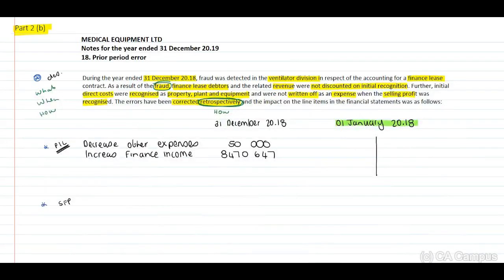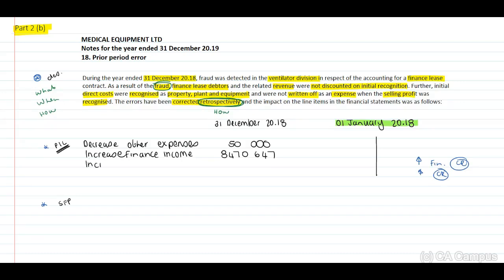Therefore, we are able to identify the effect on our income tax. Now, when we look at this calculation, our income should increase with the finance income. Our other expenses will decrease, but this is a credit. Therefore, this is a credit and a credit. Therefore, this is an income. And if our income increases, our tax will increase.